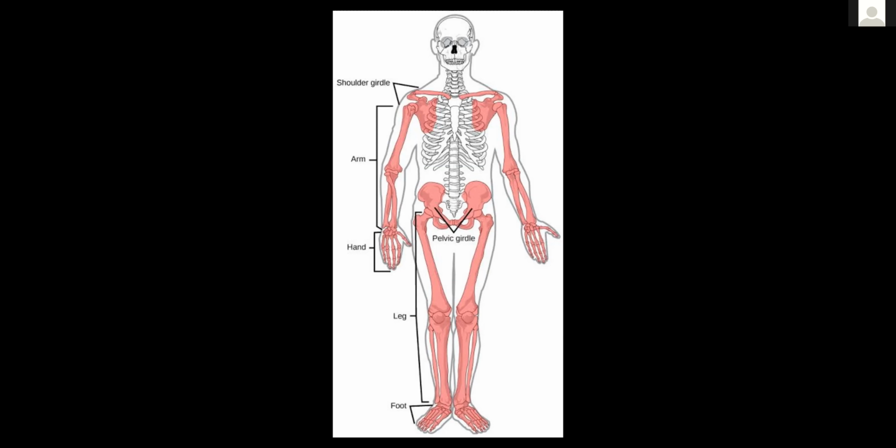Hip joint. And on upper side, the coxal bones meet with which part, articulate with which part of the VC? Jugal, correct. Sacrum.